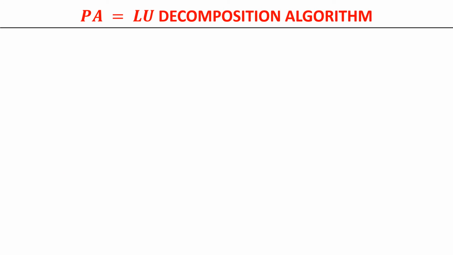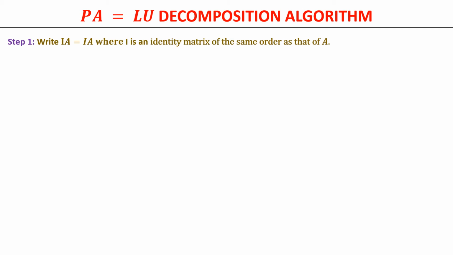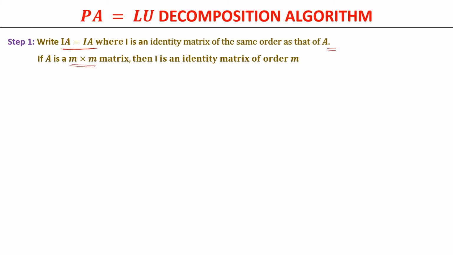Let us now learn the algorithm of PA equal to LU decomposition. We first write the given matrix A in the manner IA is equal to IA. Here I is an identity matrix which is of the same order as that of A. If A is a square matrix of order m, an m by m matrix, then I is also an identity matrix of order m.